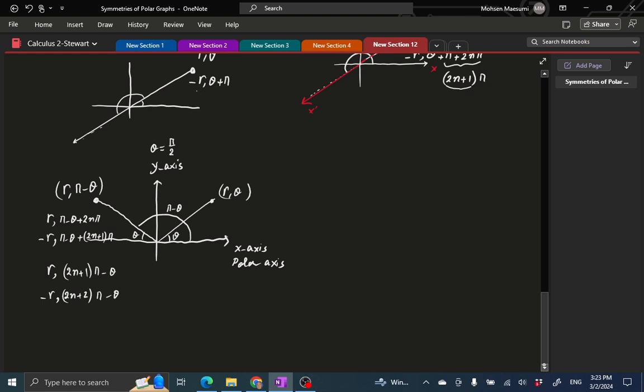So if I have my first point r and theta here, across the y-axis this point can be any of the following. It could be r, comma, odd multiple of pi minus theta, or I can have minus r, and again we said odd.